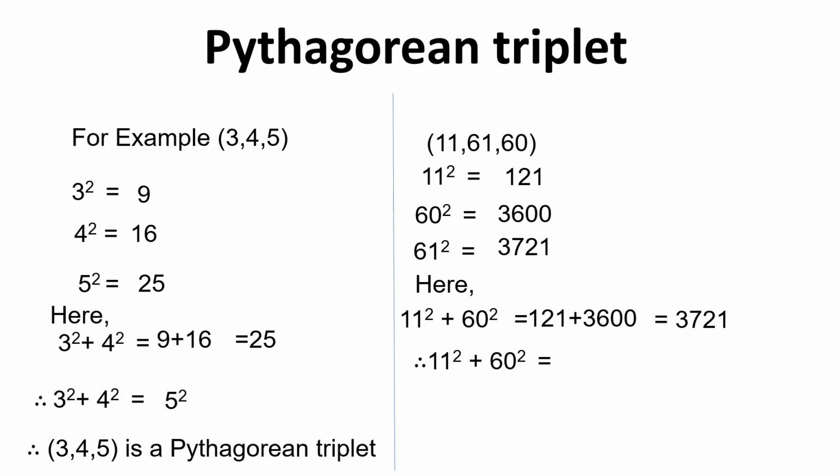Therefore, what is the relation? 11 square plus 60 square is equal to 61 square. Therefore, this triplet, that is 11, 61, 60, is also a Pythagorean triplet. That's clear, all of you?